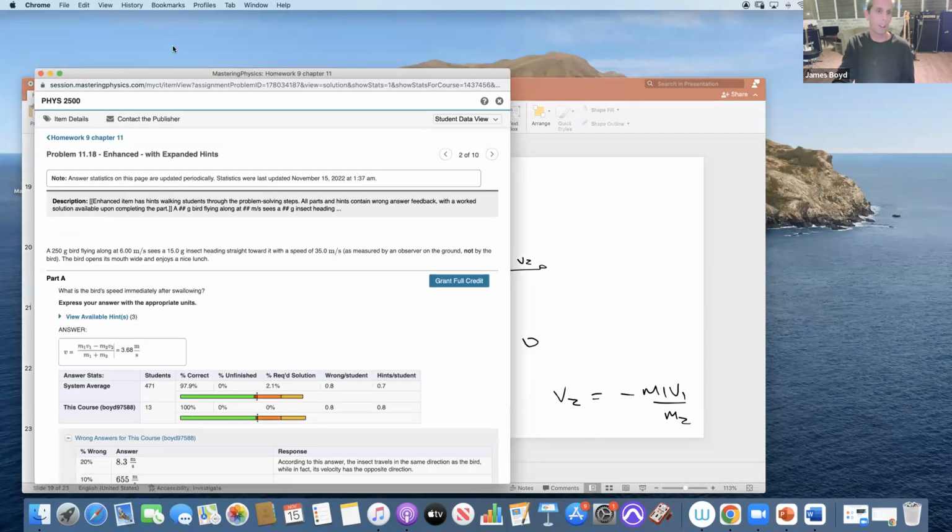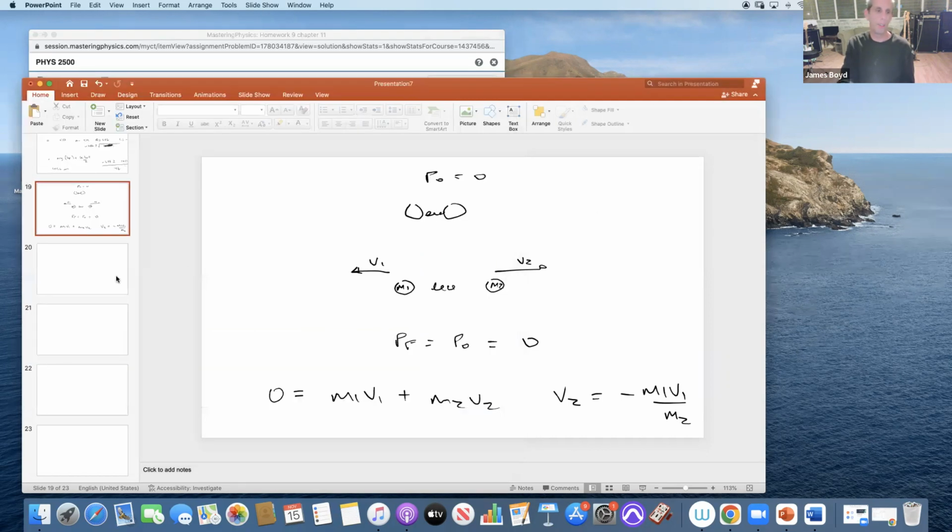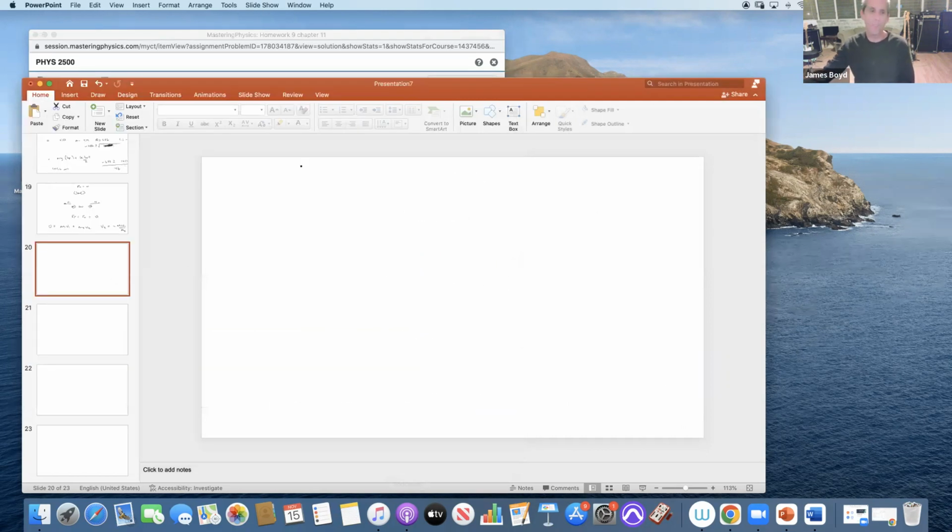One down. A bird is flying along and it grabs a 15-gram insect with a speed of 35. Now, what is the bird's speed immediately after swallowing? Okay, so this is what is known as an inelastic collision. In all collisions, momentum is conserved.